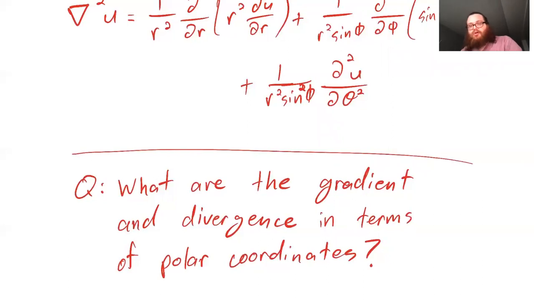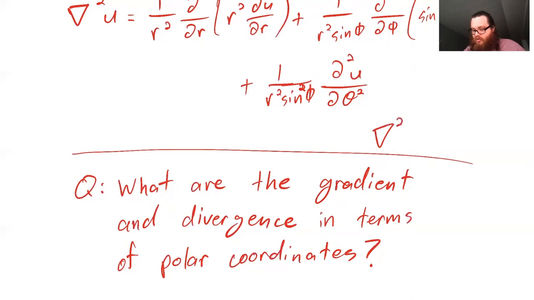So what we're going to do is try to derive at least the expression for polar coordinates. To do that, we're going to work with this div grad formulation.